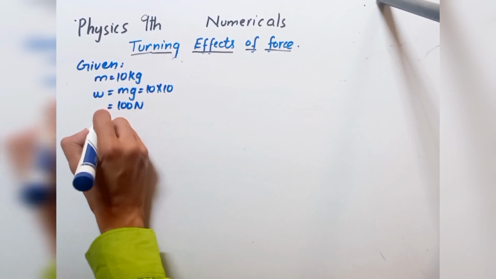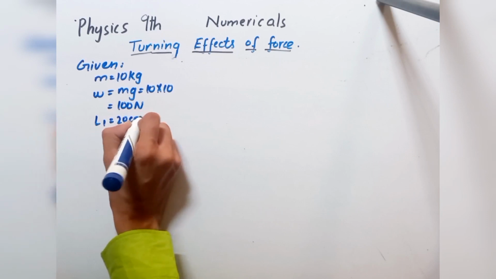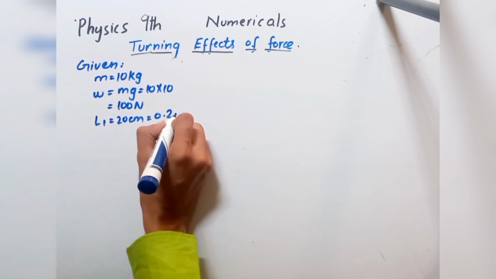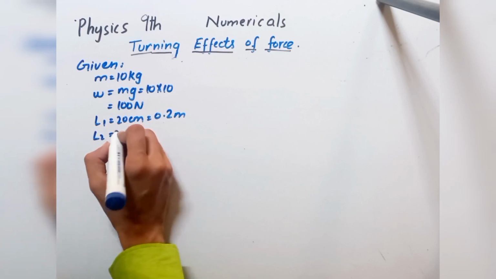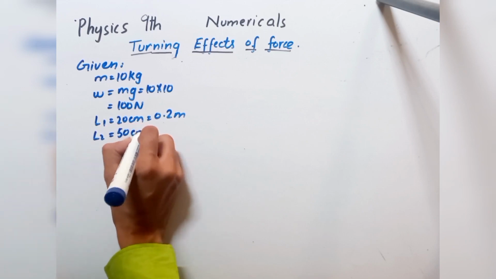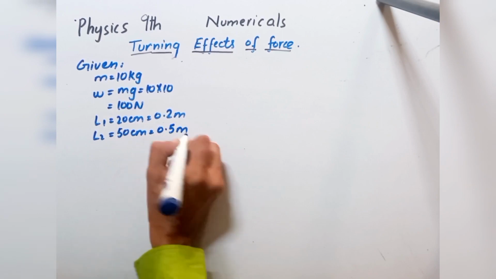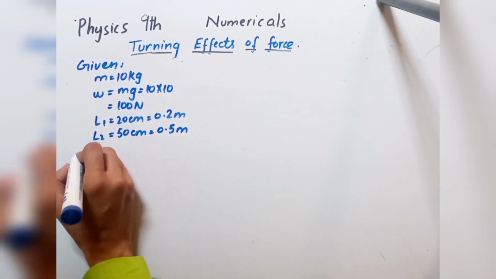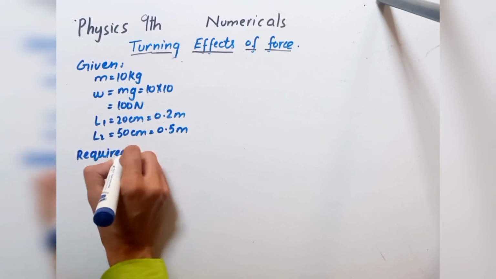The length L1 is 20 centimeter and after conversion it will be 0.2 meter. L2 is 50 centimeter and after conversion it is 0.5 meter. The required value of this numerical is force F2, which is due to length 2.